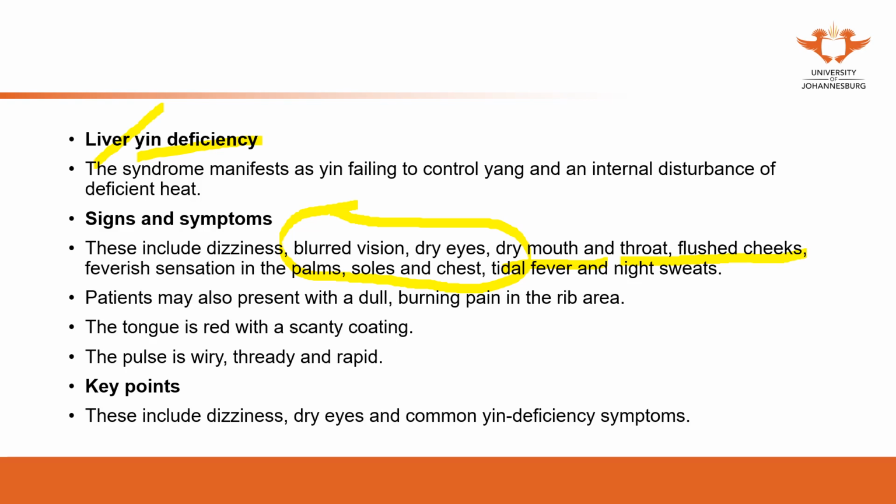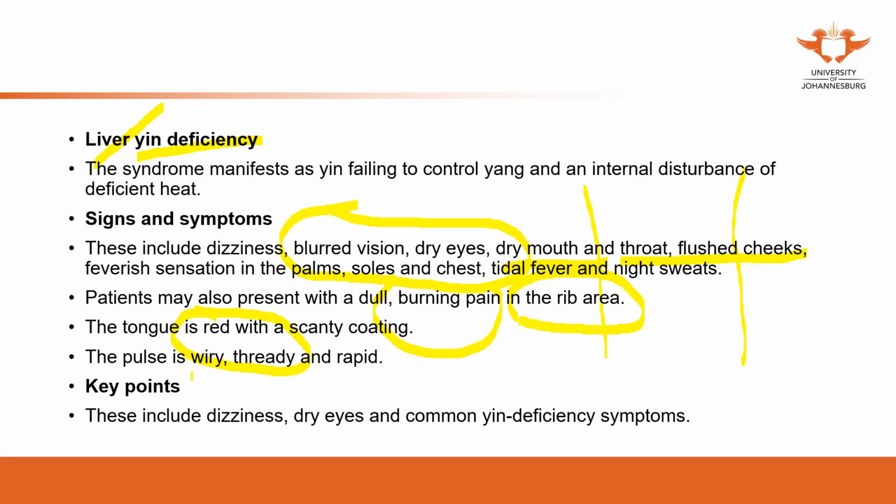Yin deficiency will cause deficiency heat. That's why the patient can feel burning pain. And then why in the ribs area? That's because the liver meridian distributes in the ribs area from the chest on both sides. The tongue is red because yin deficiency will cause deficiency heat.